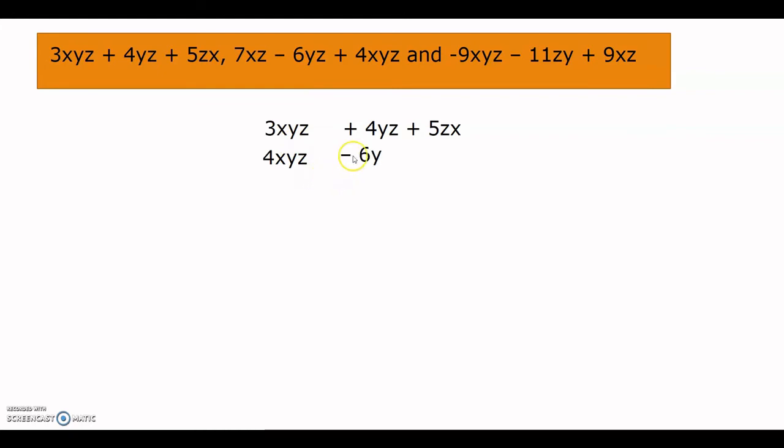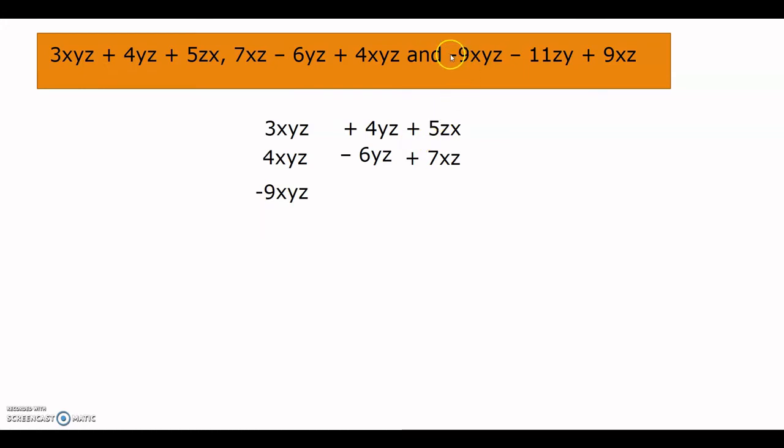Next, we have negative 6yz. So we will put it under the same variables. Next, 7xz. Since this is positive, this is also positive. So 7xz.